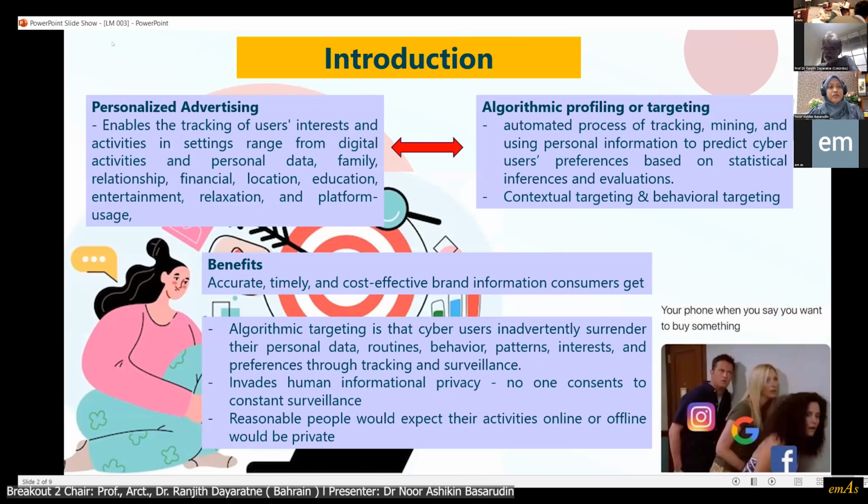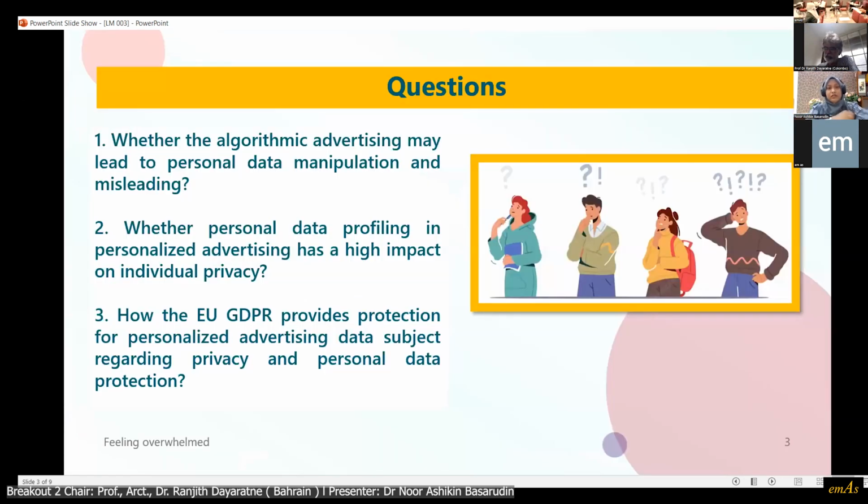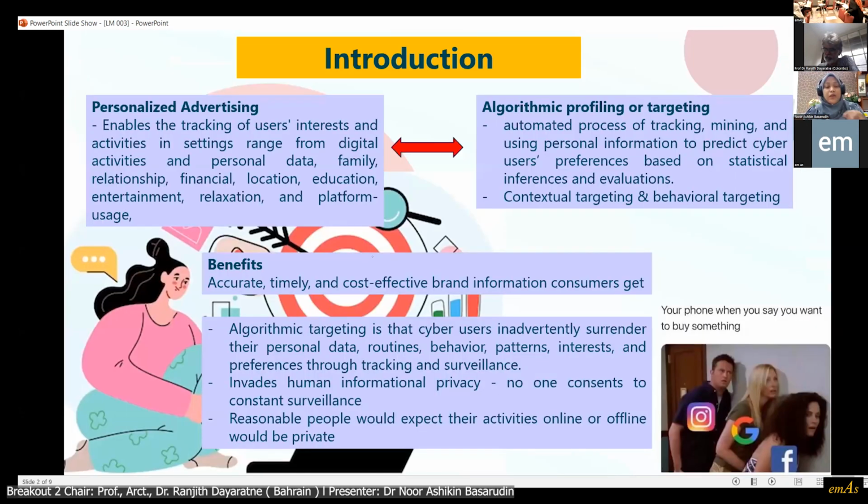One question to ponder, to all the participants: have you ever received a frightening advertisement about a product at the moment you are thinking of buying it?